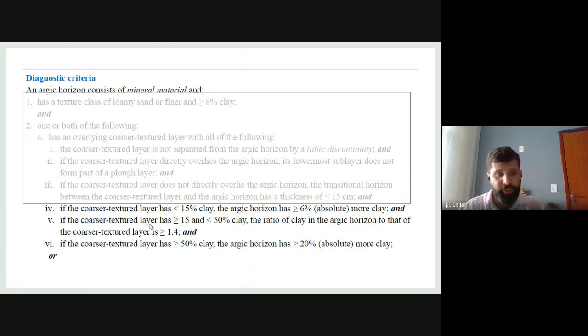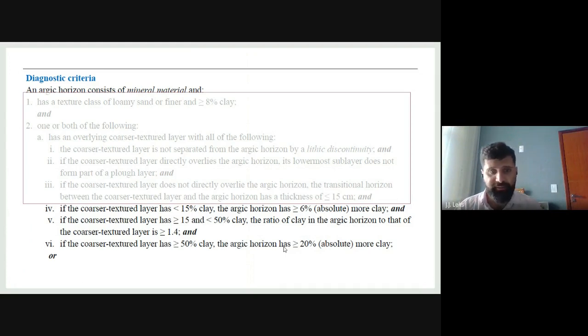And this ratio should be equal or higher than 1.4. I'm sorry, it's not percent. So if I calculate a ratio between the clay content of the argic horizon and the clay content of this coarser texture layer, this ratio should be equal or higher than 1.4. And if this coarser texture layer has equal or more than 50% of clay, the argic horizon should present at least 20% more clay than this coarser texture layer.